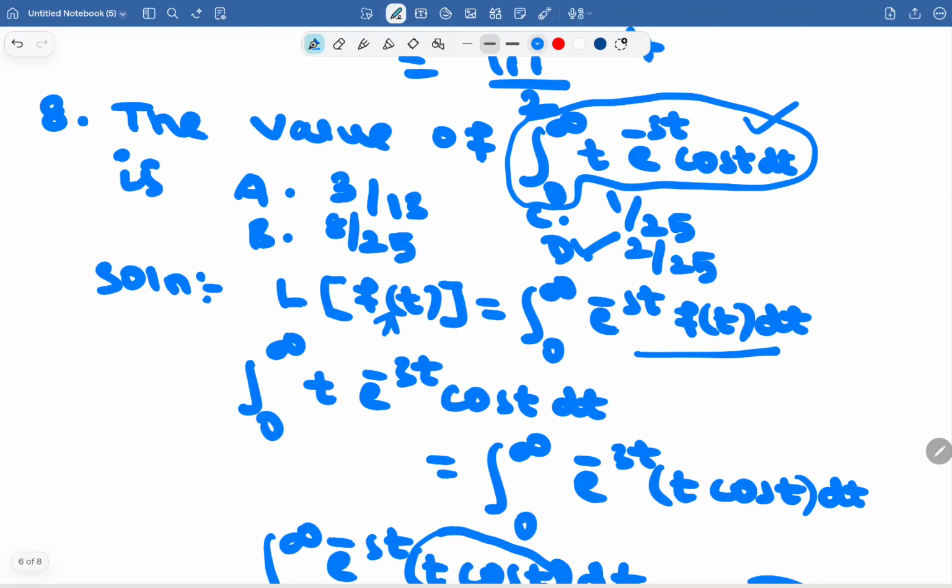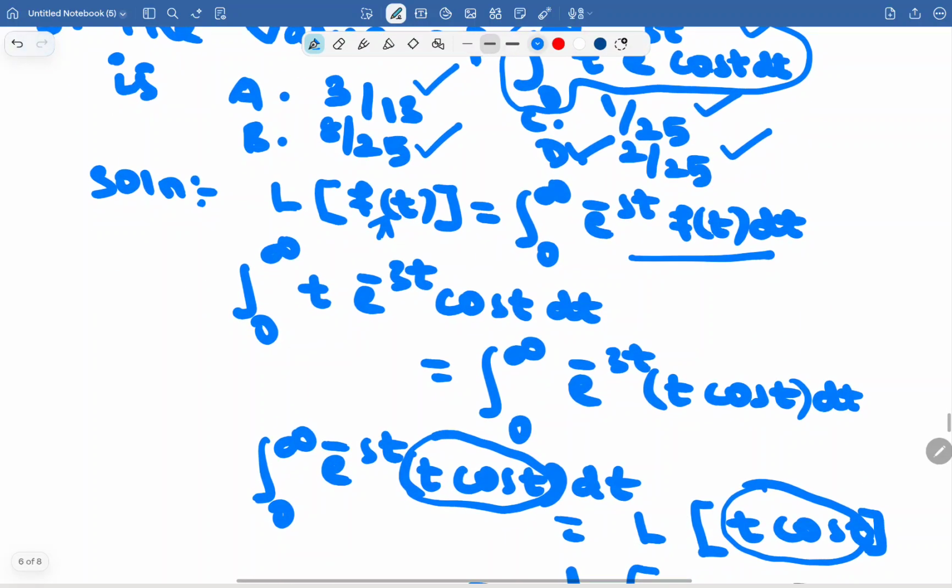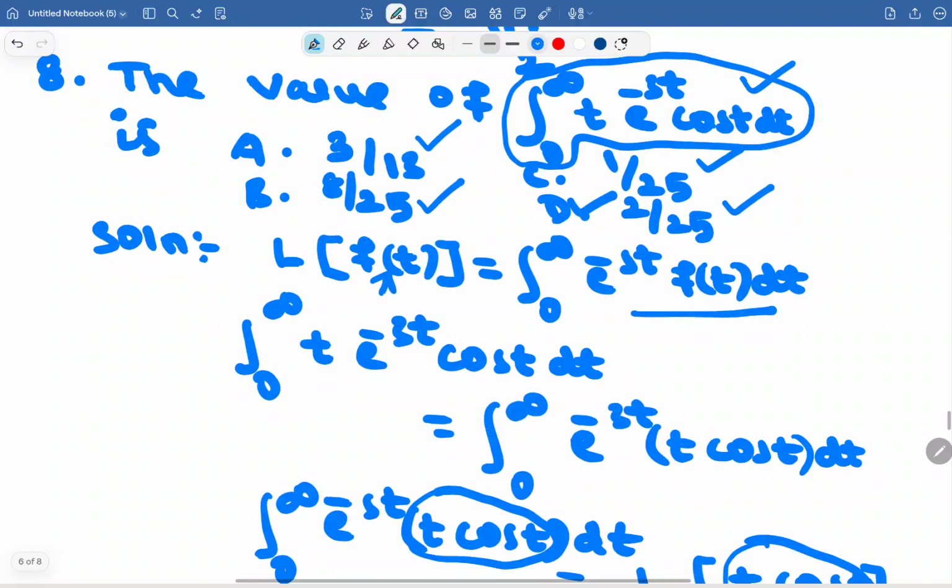Problem number 8, we have to find the value for integral 0 to infinity t e power minus 3t cos t dt. Among the four options, first one is 3 by 13, second one is 8 by 25, third one 1 by 25, fourth one 2 by 25. This problem is from Laplace transform. I am applying the definition of Laplace transform.